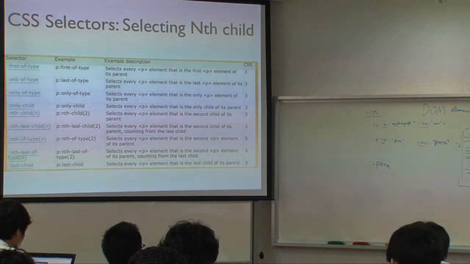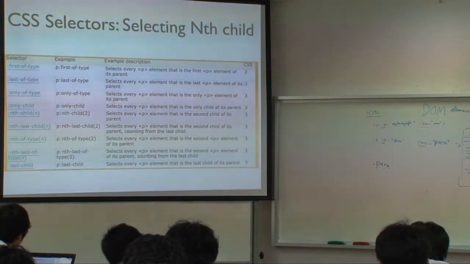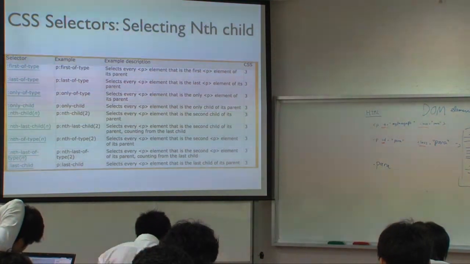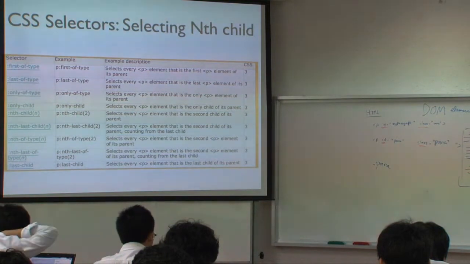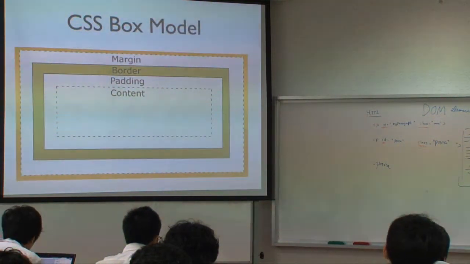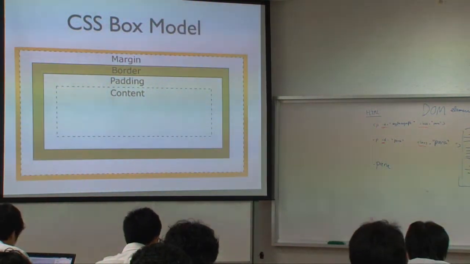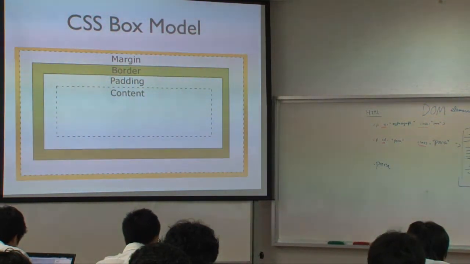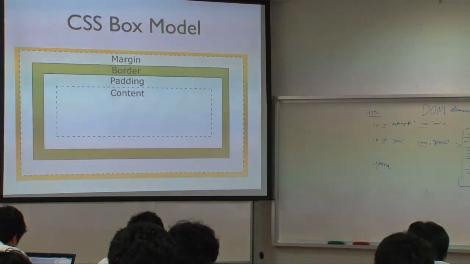Again, there are so many, okay? And I don't remember all these syntaxes, but I try to cover the basic ones that you are expected to know. I guess we are running a bit short on time, so I have to skip ahead a bit.